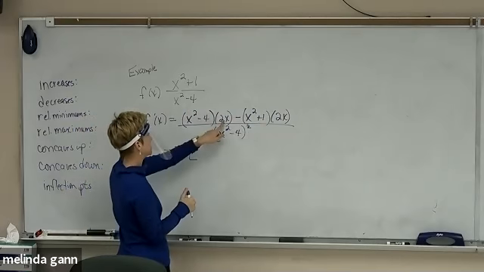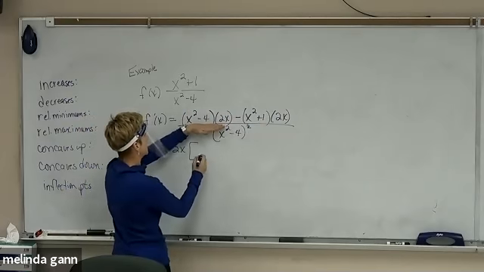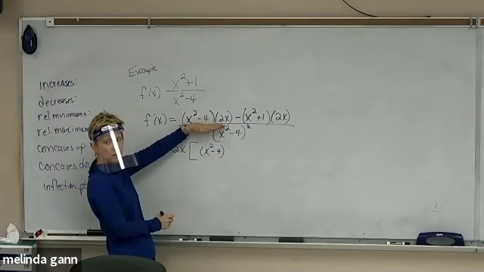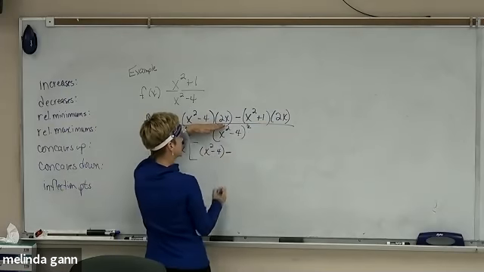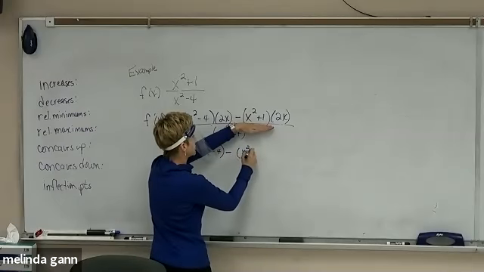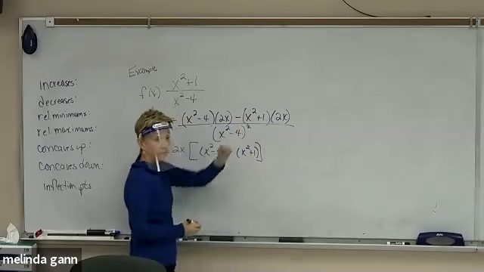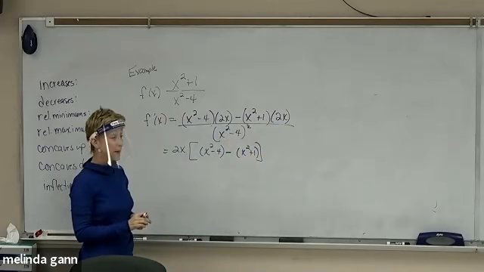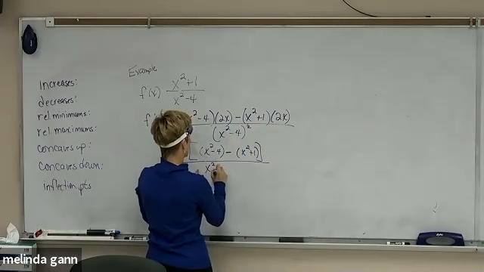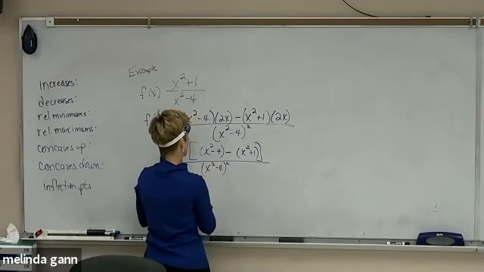If I factor a 2x out of this one, what's it going to leave? X squared what? Minus 4. And then minus, and if I factor the 2x out of this second term, isn't that going to leave me an x squared plus 1? Everybody okay? And all that's over x squared minus 4 squared.